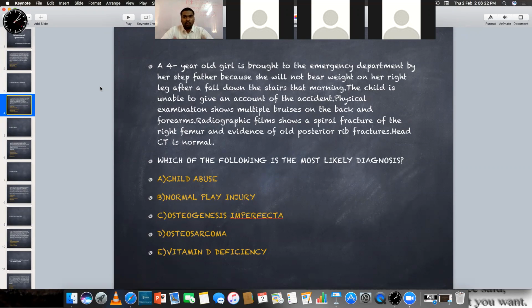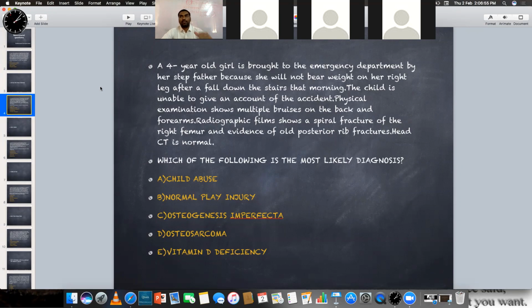Okay, let's move on further. She's unable to give an account of the accident. So the father might have scared the child that if she opens her mouth, she'll have to face the same consequences. That is probably the understanding. The most important thing here is that the physical examination showed multiple bruises on the back and forearms, a spiral fracture of the right femur, and evidence of old posterior rib fractures.